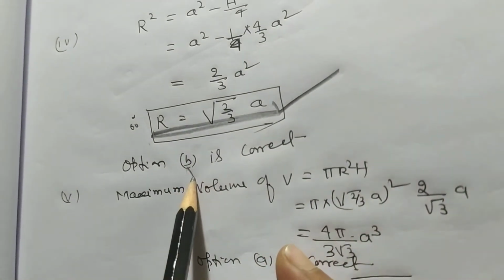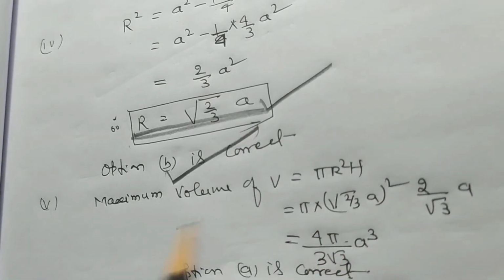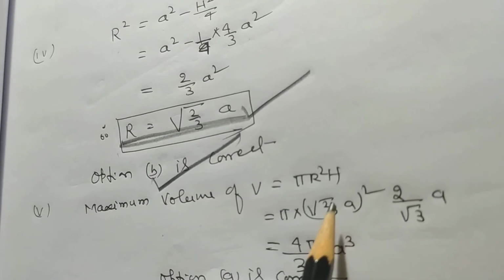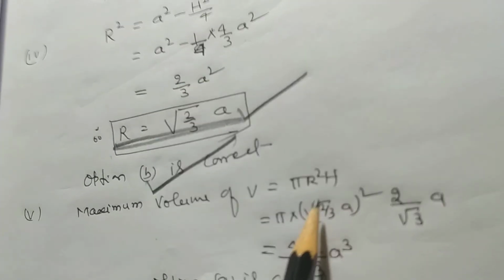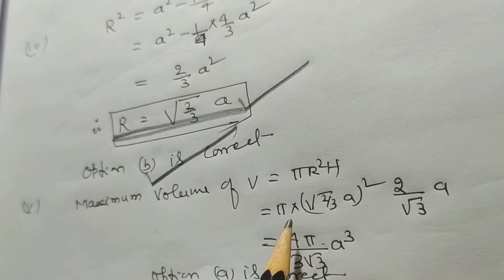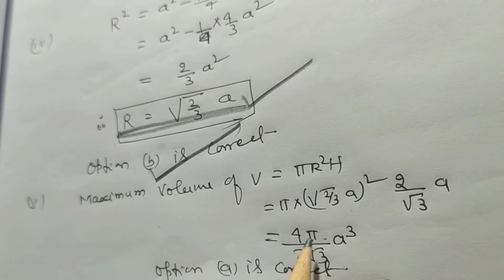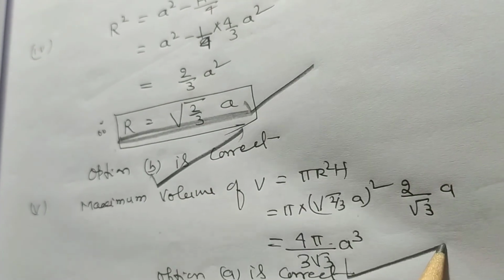So B is the correct option. Maximum volume V is pi R square H, that is pi into root 2 by 3 A whole square into 2 by root 3 A, which is 4 pi by 3 root 3 A cube. Hence option A is correct.